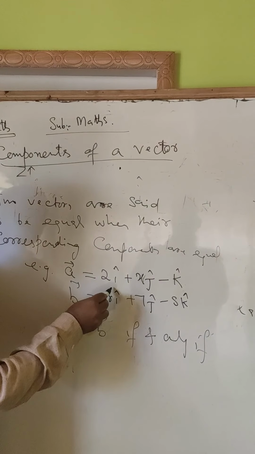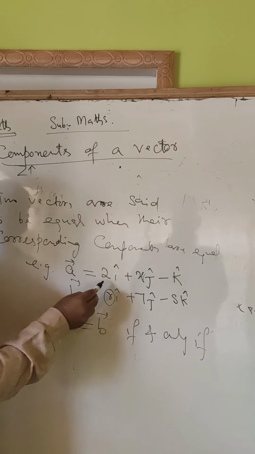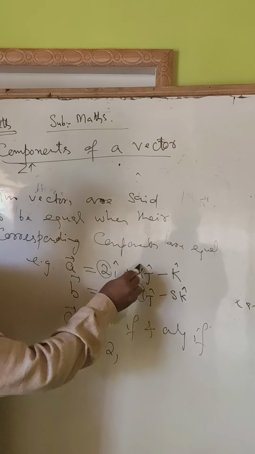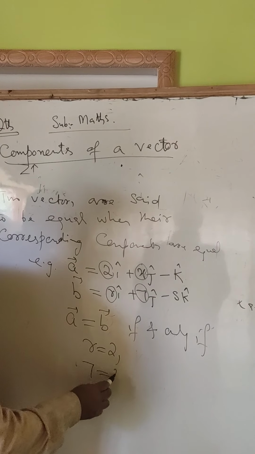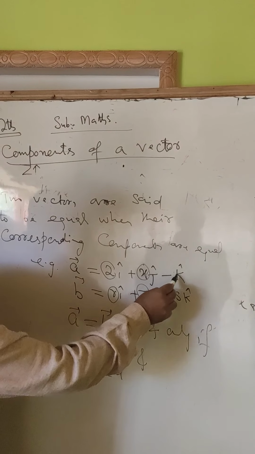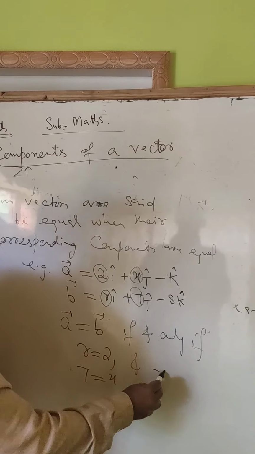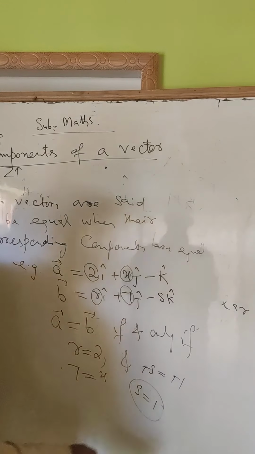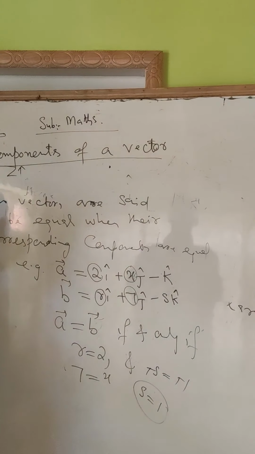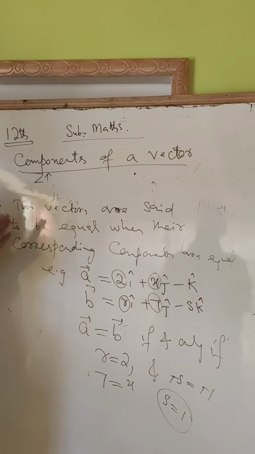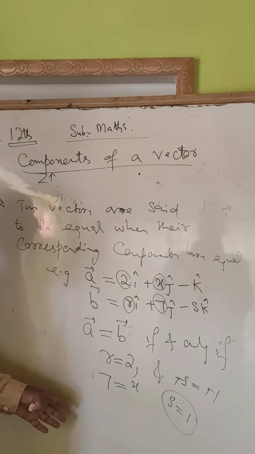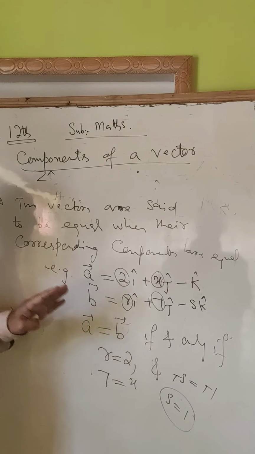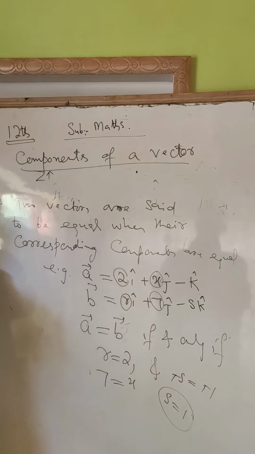Means 2 is equal to r. यहाँ पर r है i का कोएफिशिएंट, यहाँ पर 2 है i का कोएफिशिएंट. r should be equal to 2, 7 should be equal to x, and minus 1 k का कोएफिशिएंट है, minus s should be equal to minus 1, means s will be equal to 1. ये इसकी टाइप two vectors are said to be equal when their corresponding components are equal. This is the example. दो वेक्टर तब बराबर होते हैं जब इनके जो कॉरस्पॉन्डिंग कंपोनेंट्स हैं ये बराबर होने चाहिए.